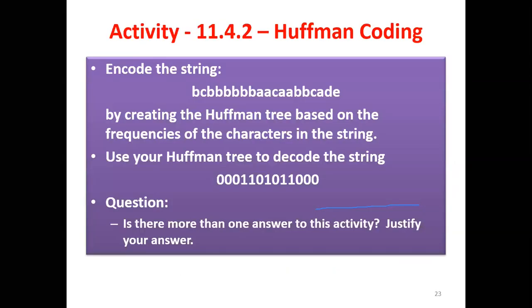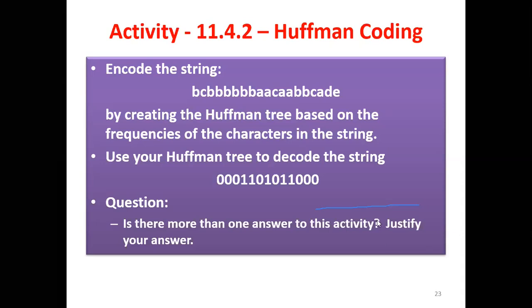And this is an activity which you are advised to try your hands on. During this activity, you've already been given the string, and you need to create the Huffman tree using the string. Remember, you need to consider the frequency. After creating the Huffman tree, you need to decode the tree to get the Huffman code.